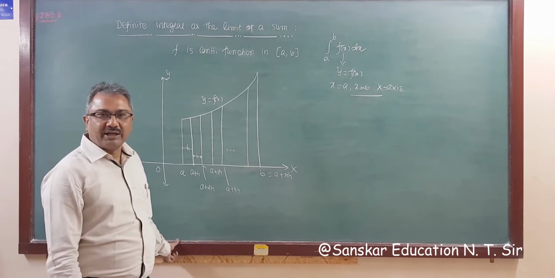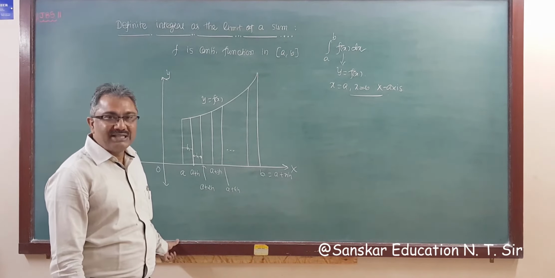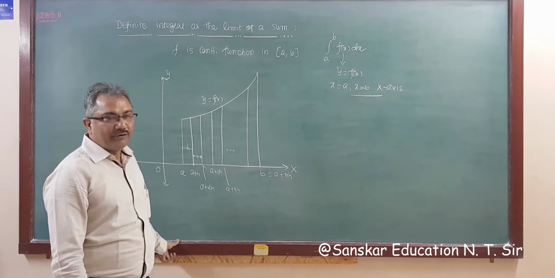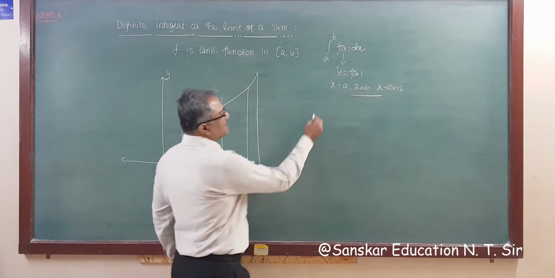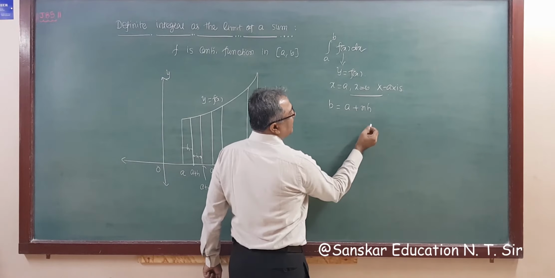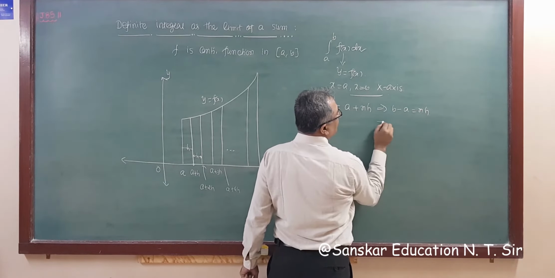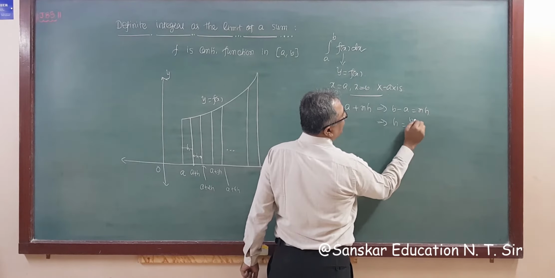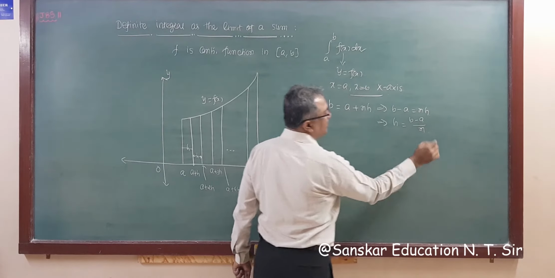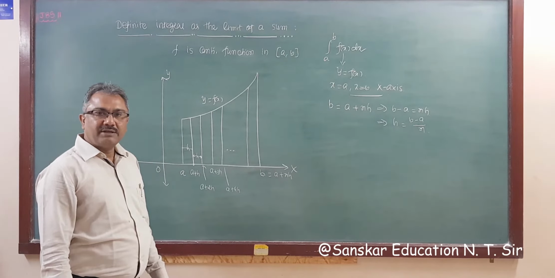Now we have to find the area under the curve, which means we have to find the area of the first strip, the second, third, fourth, and up to the nth strip, right? So here b is equal to a plus nh. That means b minus a is equal to nh. So h is equal to (b minus a) upon n, we get here, right?